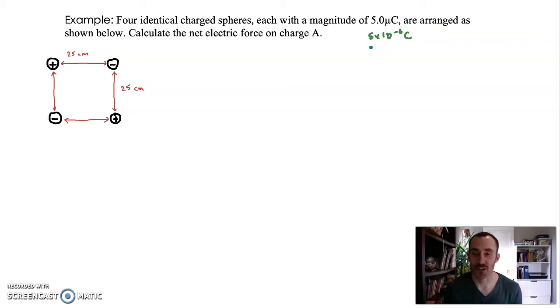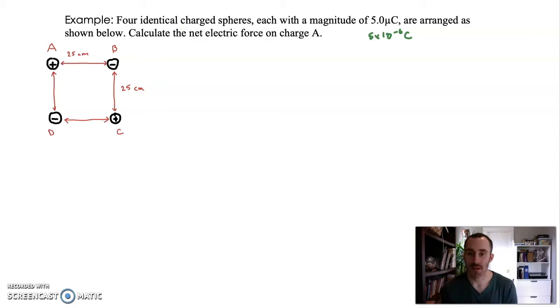I've drawn you that picture. Calculate the net electric force on charge A. Okay, so let me just show you which is which. This is charge A. All the rest of them, it doesn't really matter what you name them, but let's just go B, C, and D.